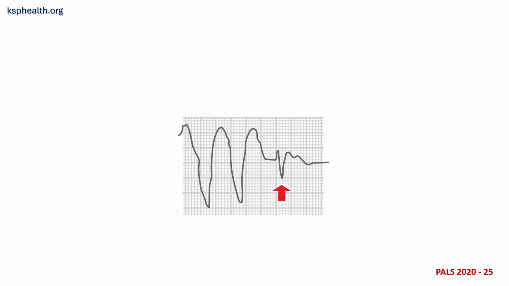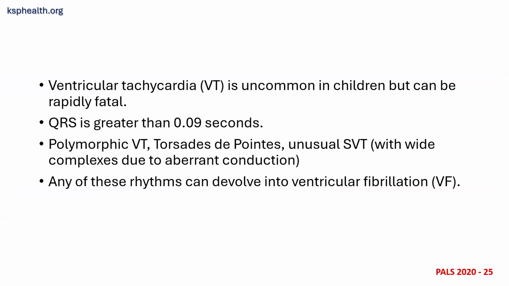Next is prolonged QRS duration. If you look at the QRS duration, it would be more than 0.09 seconds. VTAC is uncommon in children but can be rapidly fatal. The ventricular tachy can be polymorphic, usually an ominous sign. If it's monomorphic, usually it's not that bad.